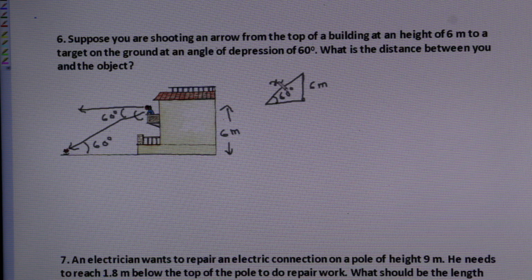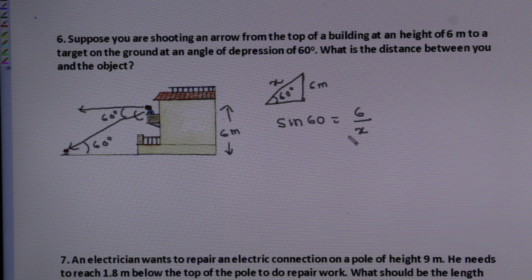With opposite and hypotenuse there is a trigonometric ratio, sine. Sine 60 is equal to opposite side 6 by hypotenuse x.